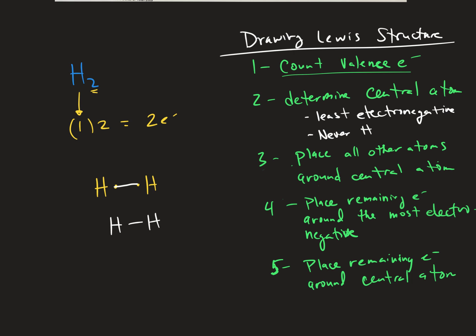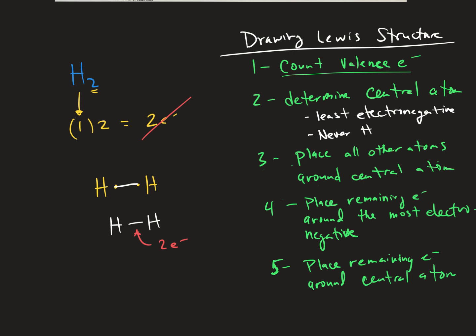How many electrons did we use? Yeah, this single bond right here, this line that we drew between the atoms, that represents 2 electrons. And we used all 2, we can't use any more. We're done.